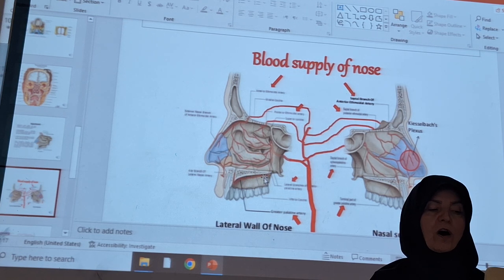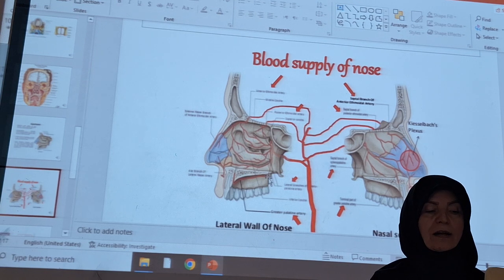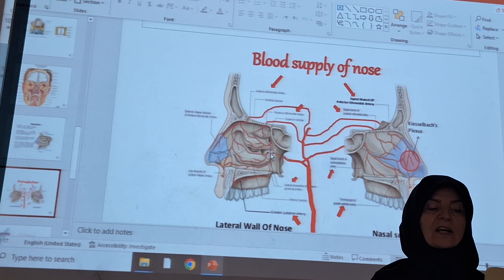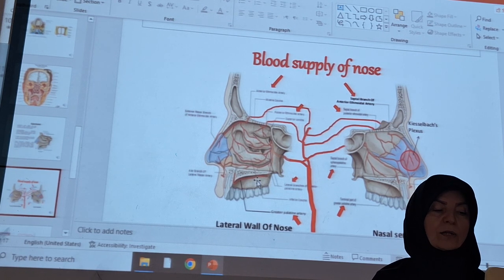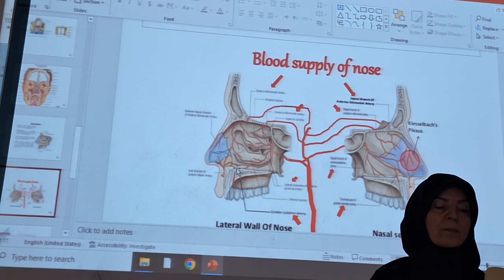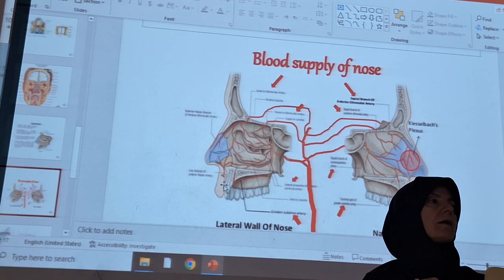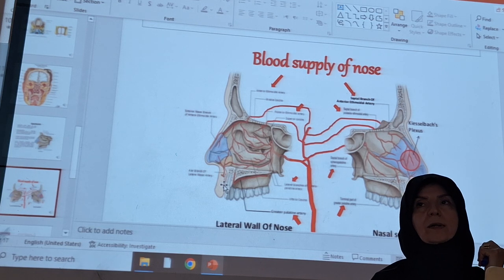Here is the roof of the oral cavity, posteriorly. Here you can find a foramen. This foramen is for the passing of the greater palatine artery. Here it enters the oral cavity. In the roof of the oral cavity, it goes anteriorly to reach the nasal cavity, passing through the incisive canal. When I say incisive canal, I told you it is posterior to the incisive teeth.